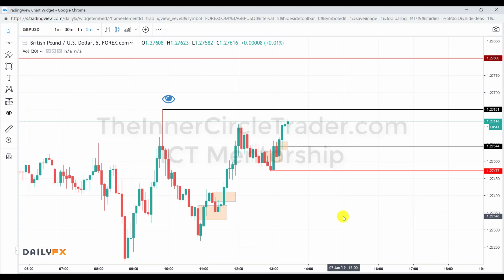But nonetheless, we're watching price action in here. Everything looks as if it will want to move to our old high here at 127.65 at the very minimum. That doesn't really give me much room to profit. I need at least, in my mind, 15 pips to do a scalp.